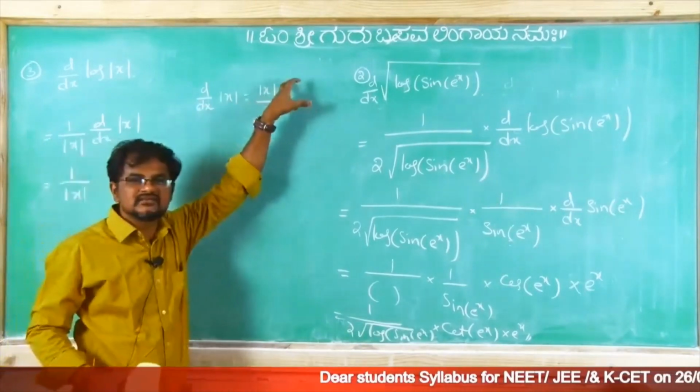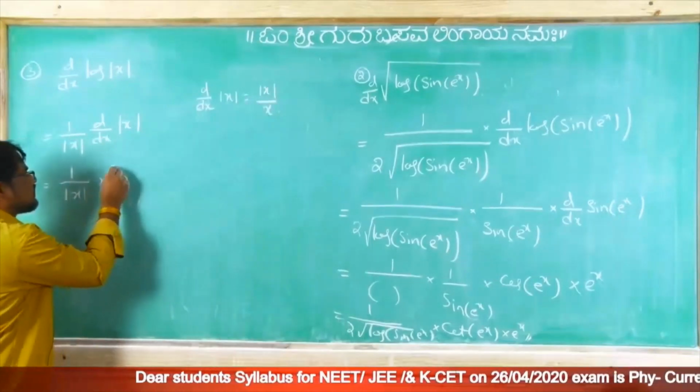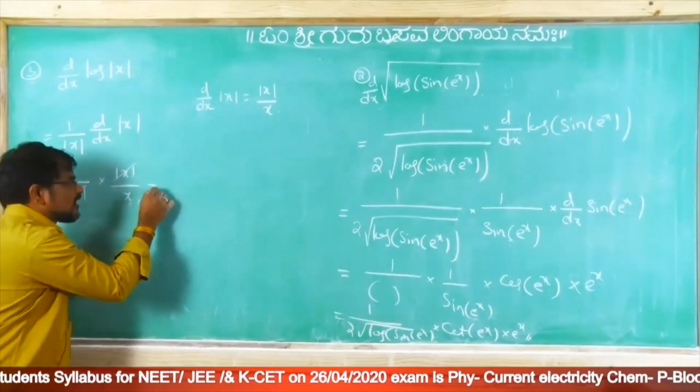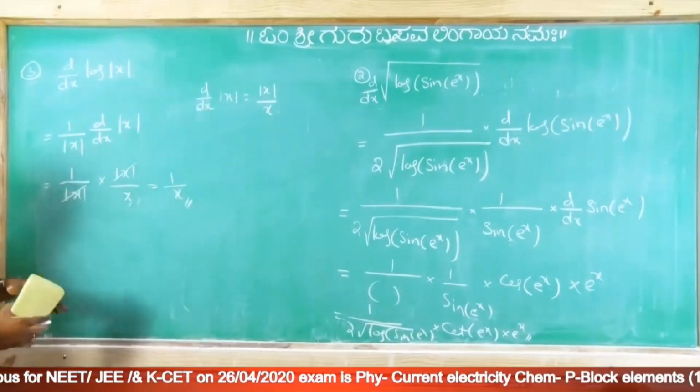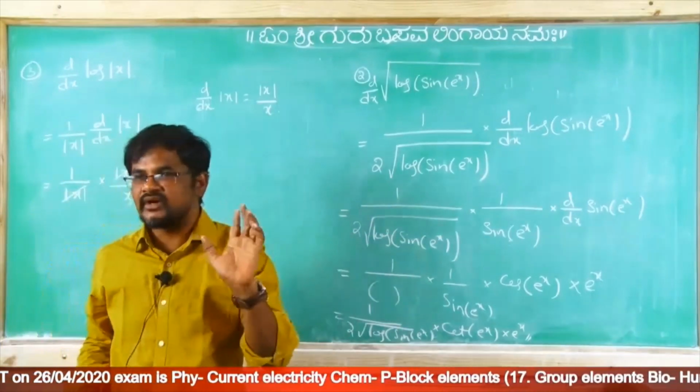Differentiation of mod x is what? Mod x by x. What gets cancelled? So always differentiation of log mod x is 1 by x. Most important condition, this one.